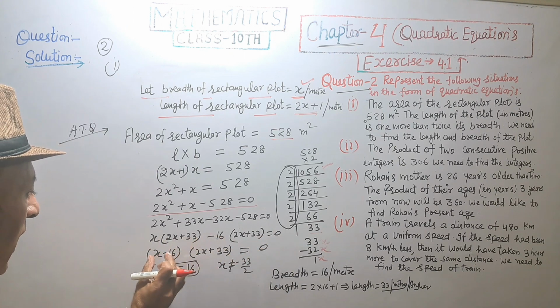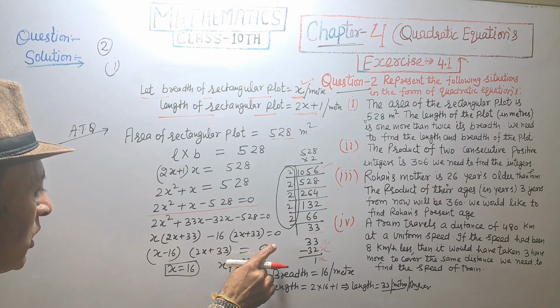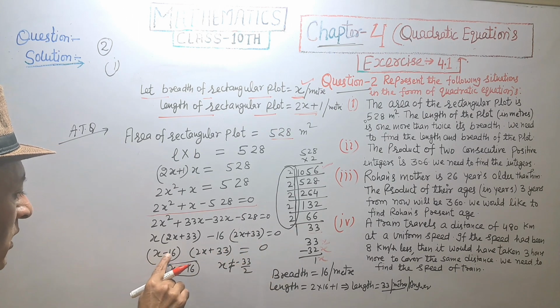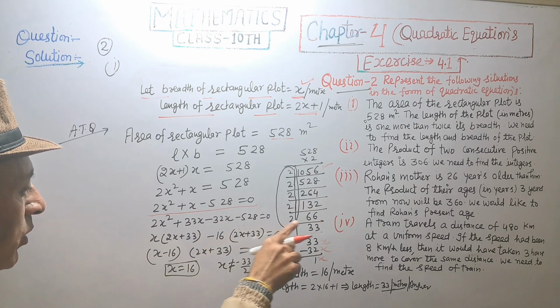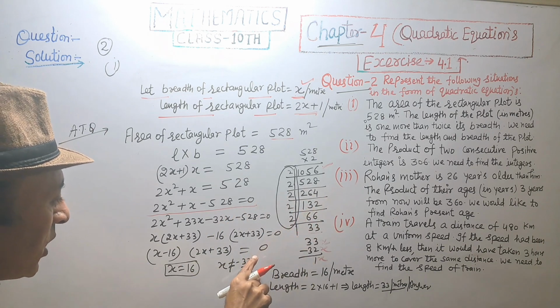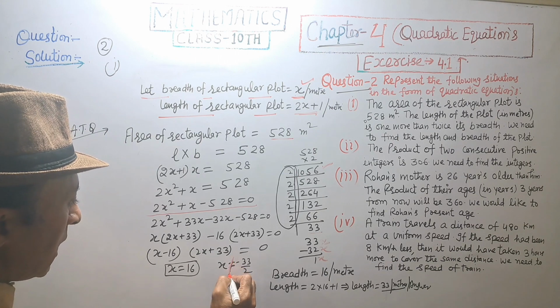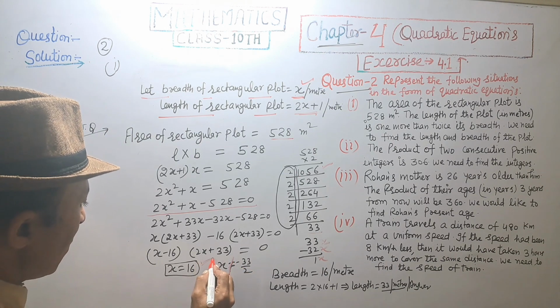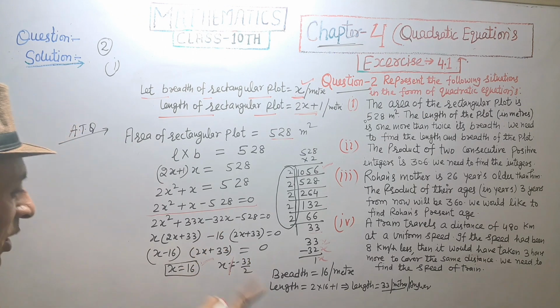So one pair is x minus 16, another pair is 2x plus 33 equal to 0. x minus 16 equal to 0 means x equal to positive 16, and 2x plus 33 equal to 0 means x equal to negative 33 divided by 2. So the negative number is neglected and we get breadth equal to x, 16 meter.